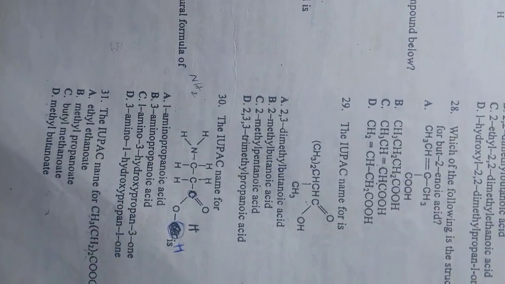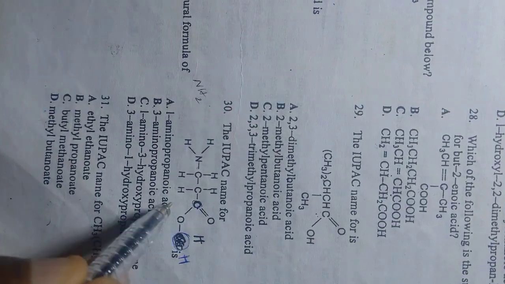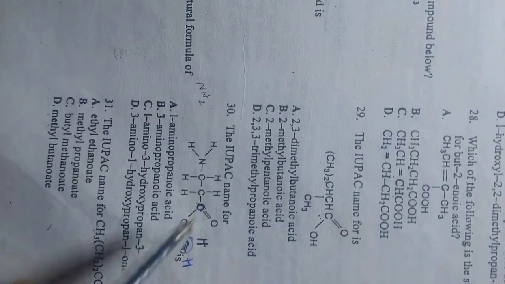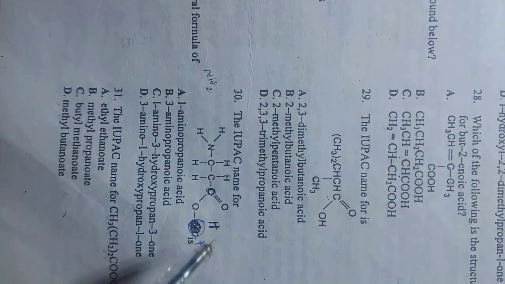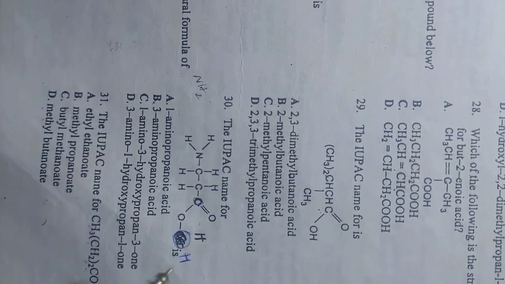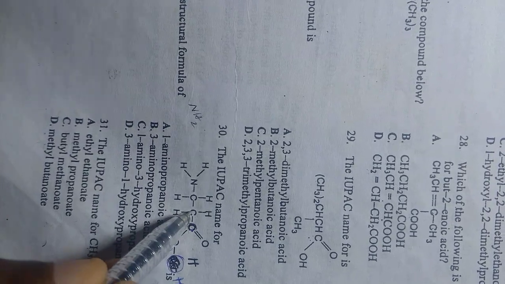Now you want to name something like this, you start from the one that has more priority. So alkanoic acid has more priority than your amino. I believe you get this. So if I want to start my name here, I start from this alkanoic acid, from this side. Then we have 1, 2, 3.